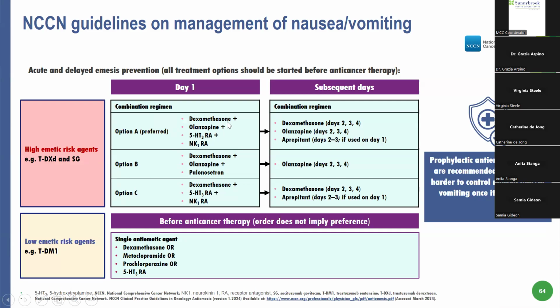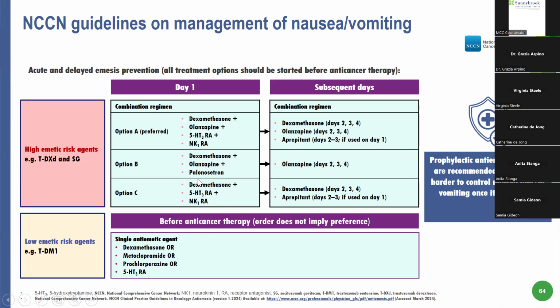The preferred regimen is dexamethasone, olanzapine, a 5-HT3 receptor antagonist, and an NK1 receptor antagonist. And you should also use dexamethasone or olanzapine on the day after the very first infusion. Less preferred options are dexamethasone, olanzapine, and palonosetron, or dexamethasone, a 5-HT3 receptor antagonist, and an NK1 receptor antagonist.